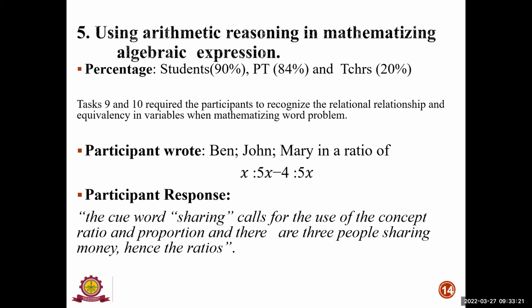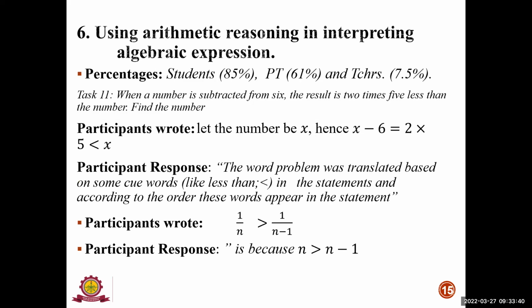Here, some keywords were used in the translation of a word problem into a mathematical problem. One of the keywords they used in this task contains the term sharing, and they said the term sharing in the task calls for the use of the concept of ratio and proportion. The sixth one identified was using mathematical reasoning in interpreting algebraic expressions.